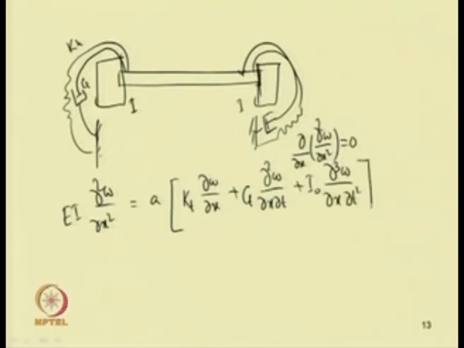It may be noted that this ∂W/∂x is the slope, that is theta. So, one can have this equal to I_0 into ∂²θ/∂t², that is the inertia due to this torsional mass, then this is due to damping and this is due to stiffness. Here A will be equal to minus 1 for the left end and plus 1 for the right end.